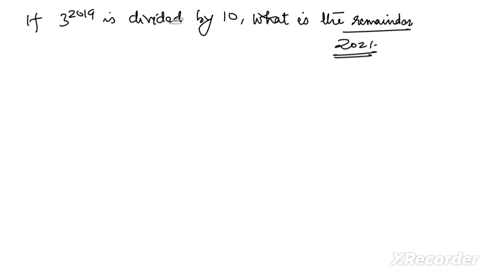The same concept we are applying here. See, we have to understand this. This is your divisor, this is your dividend, this is your quotient, and here is your remainder.